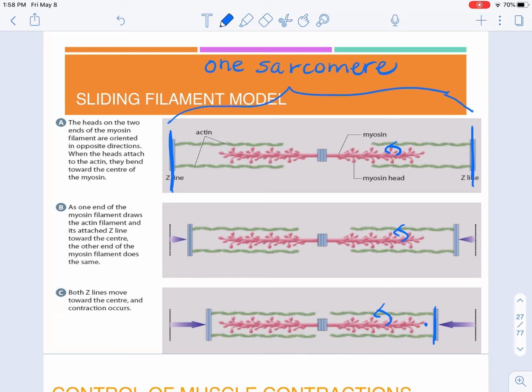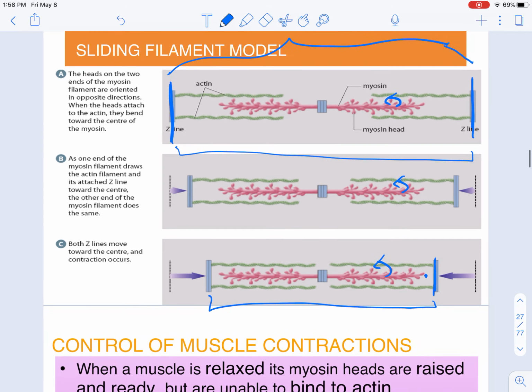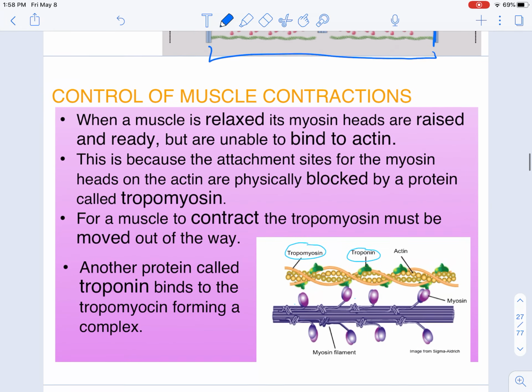So that sarcomere actually shortens as the myosin heads are pulling the actin closer. Looking at Z lines under the microscope, you can measure definitively how the muscle has contracted, because the sarcomere will shorten. The Z lines will come closer together.